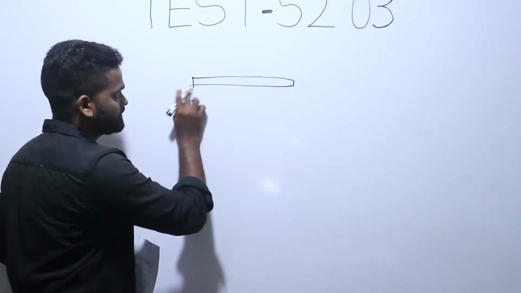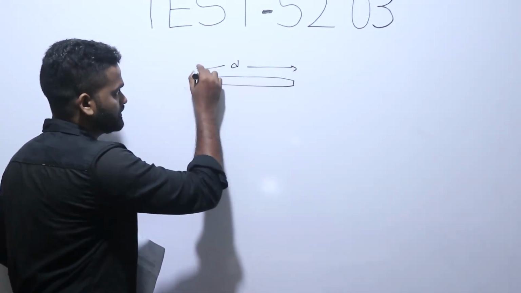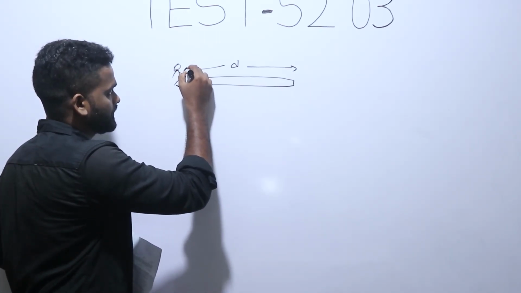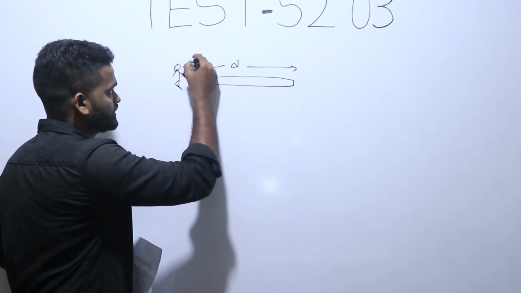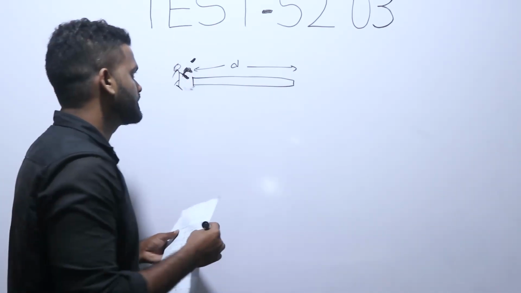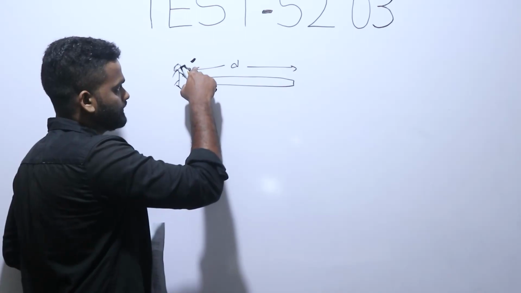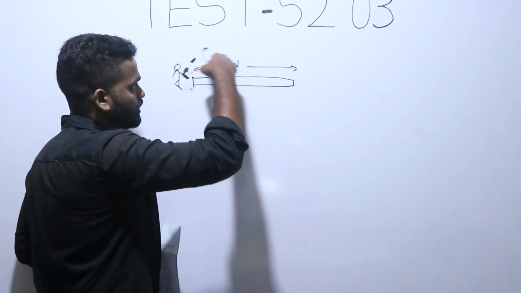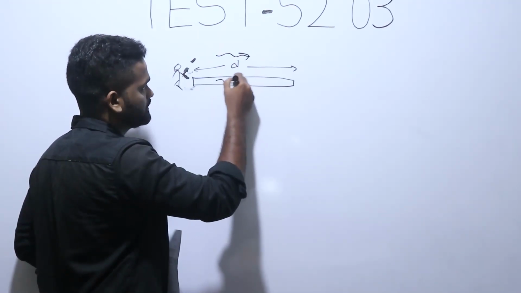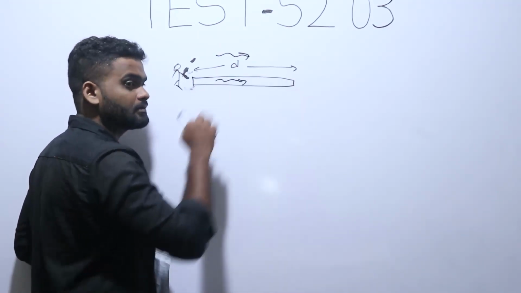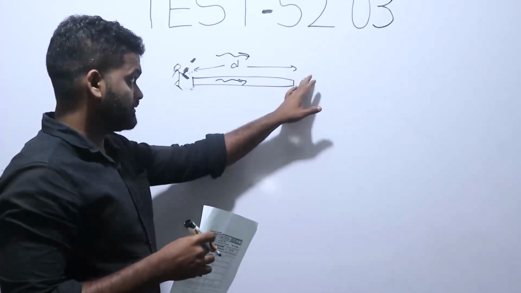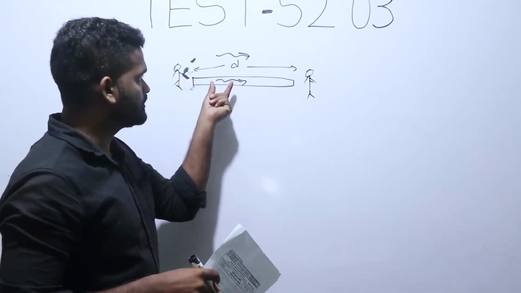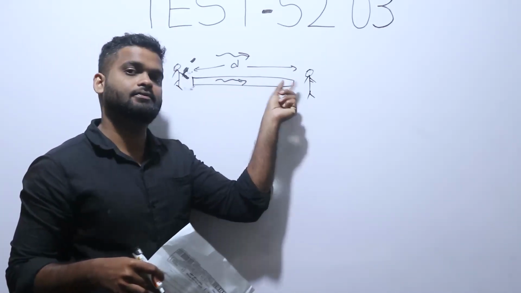So let's say this is the road, the length of the road. There's one man, and he shoots a bullet, so it makes a noise here. This creates a sound wave which propagates through air, and another one propagates through the metal. So the man at the other end hears the sound that propagated through the metal first.